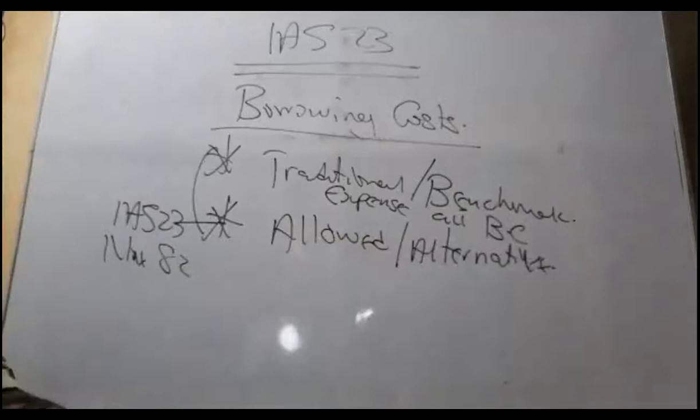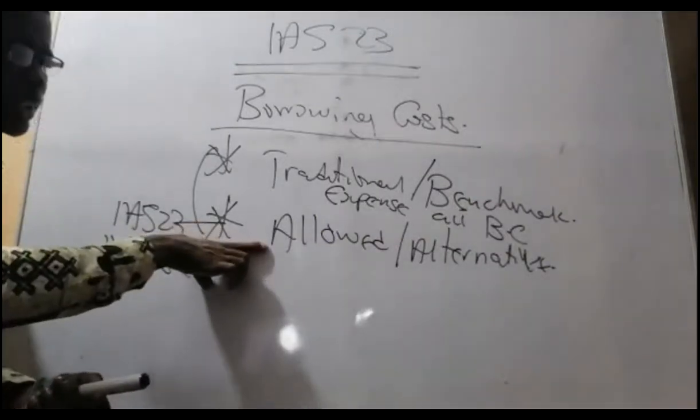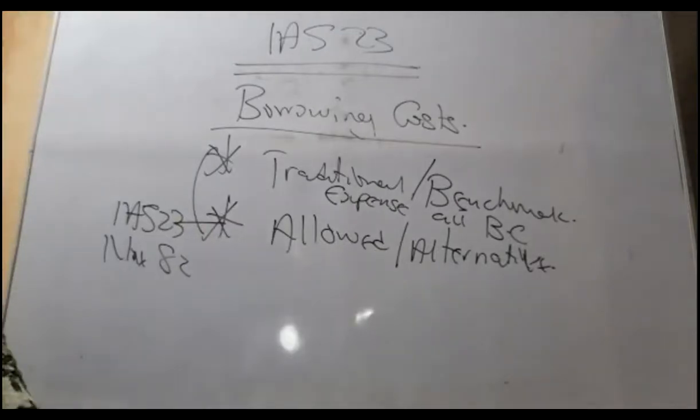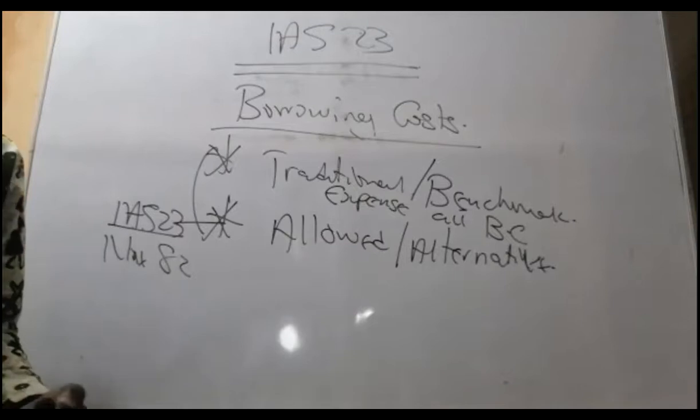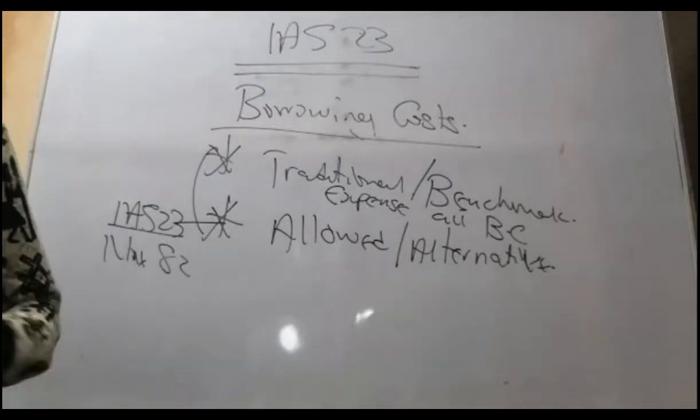Then the second treatment is the allowed or alternative treatment, and that one is as a result of IAS 23. IAS 23 started from November 1982, where they issued the exposure draft.